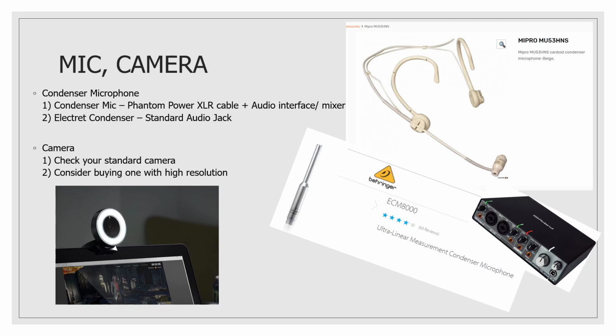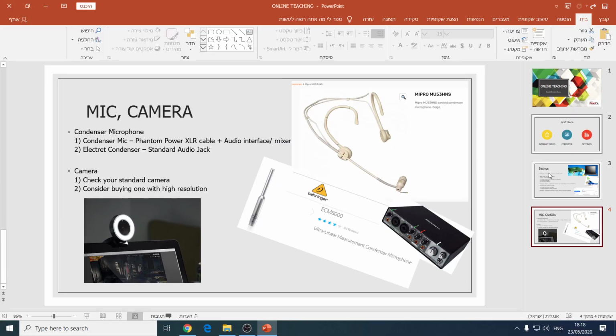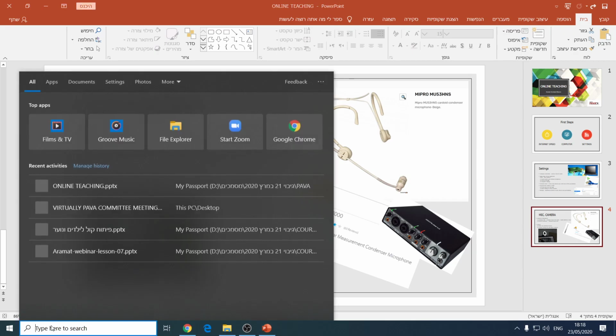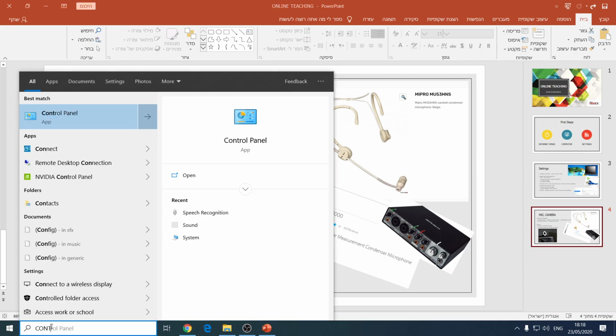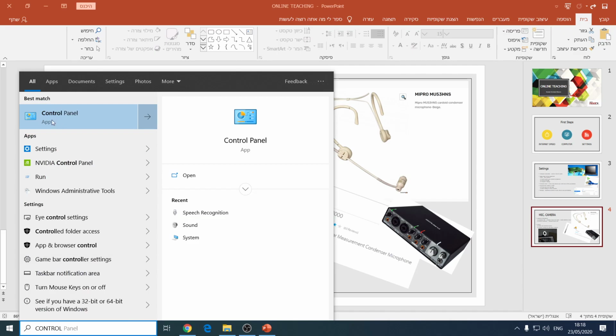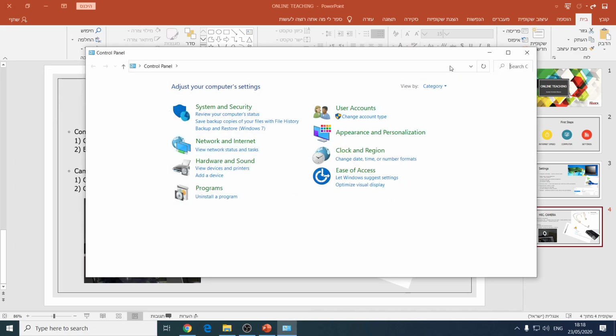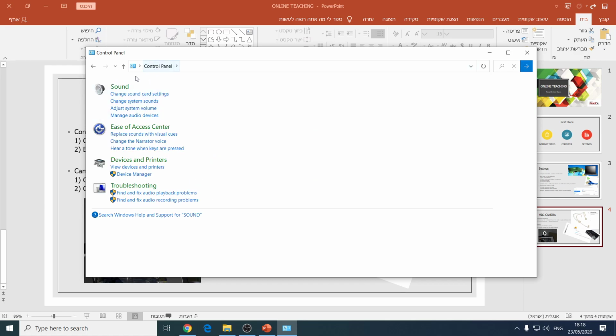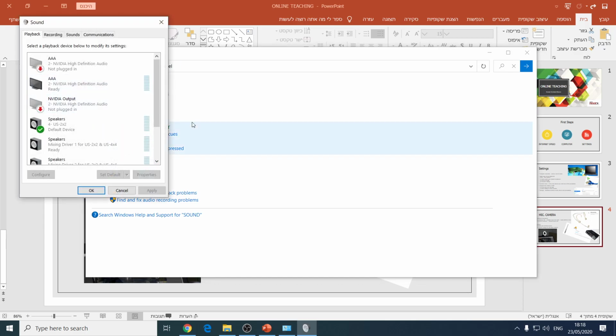In terms of setting things up in your computer, what I recommend is, if you are using a PC, you can click on Control Panel. Just find the Control Panel here, and if you search for sound, you get that. That's basically what you need.